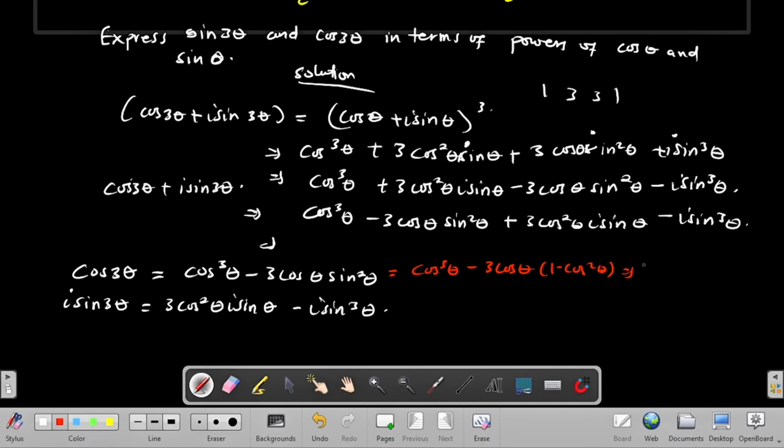Then this gives me cos cube theta minus 3 cos theta, then plus 3 cos cube theta.